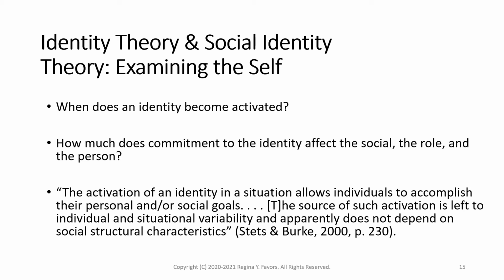So when you start believing that the parliamentarian role has become part of your person identity, you activate it, right? Then it is based upon your individual beliefs about it and then the situational variability. So it may not be situational for you to do it outside of that larger social group of student government.